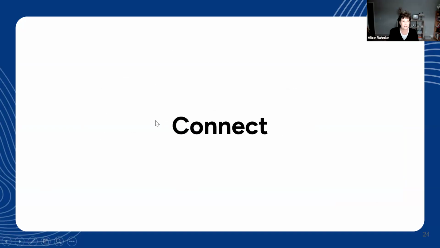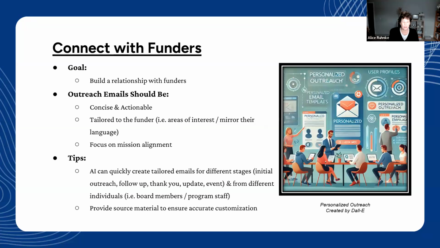So our last piece of the process is that connection with funders. What you're really trying to do is have that outreach to a funder, start building those relationships. If you're new to a funder, you can start by doing outreach emails. Keep them very concise.